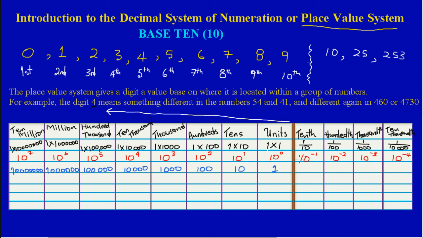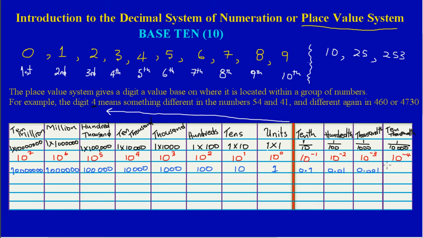All right, now let's continue to the right of my decimal point, and here I would have a 0.1. Here I would have a 0.01. Here in my thousand column now, I would have a 0.001.